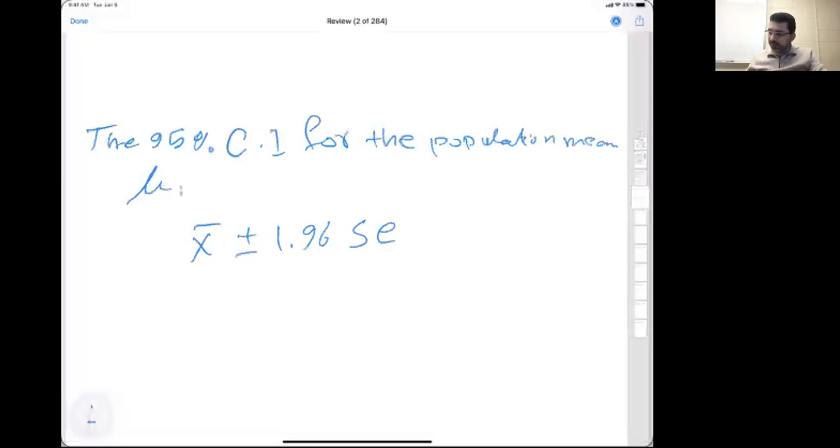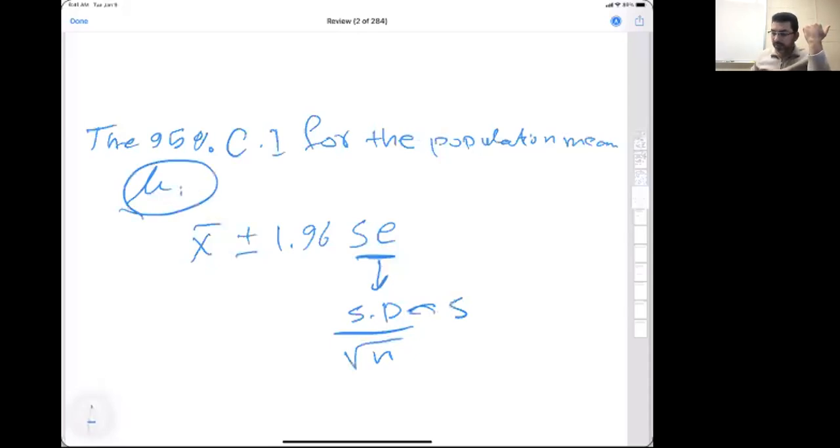The standard error is equal to the standard deviation divided by the square root of n. This standard deviation, we give it a symbol S, if you remember, the sample standard deviation. So you can estimate the population mean by this confidence interval.